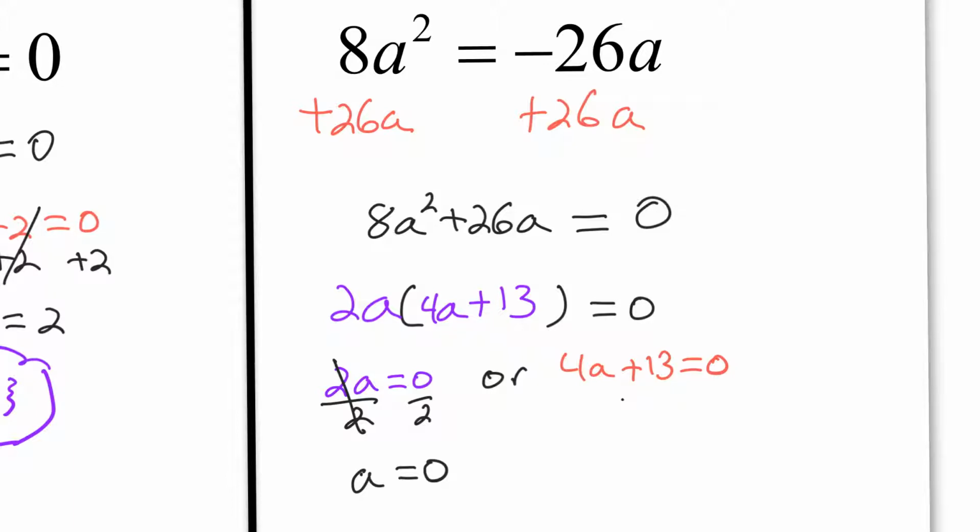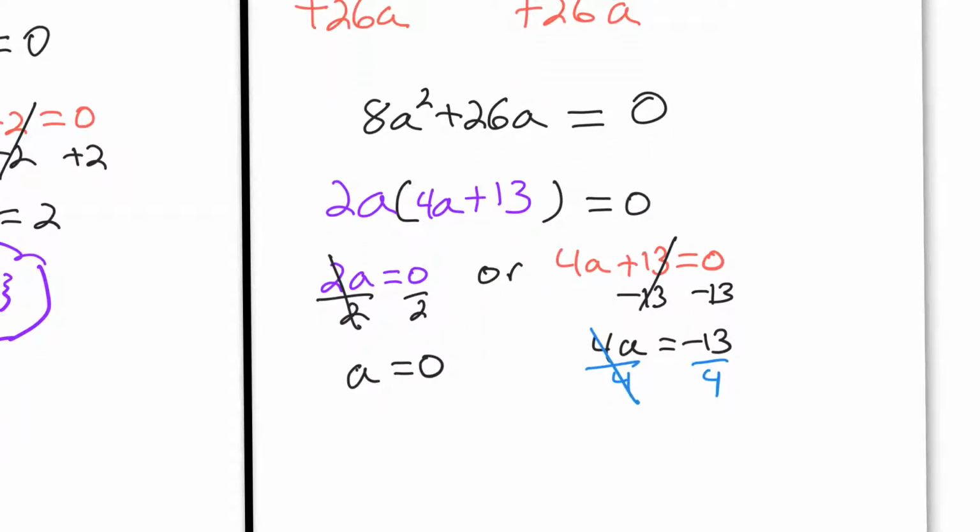You guys are going to subtract 13 from both sides, cancels, 4a equals negative 13. You guys are going to divide by 4, turns into 1, so we have a equals negative 13 over 4.